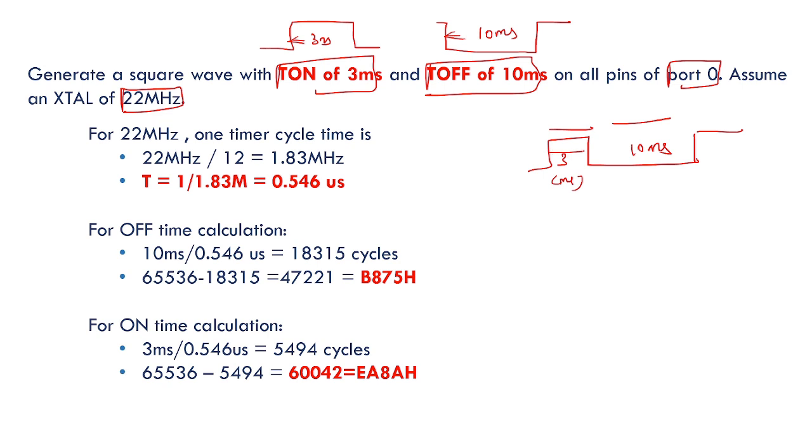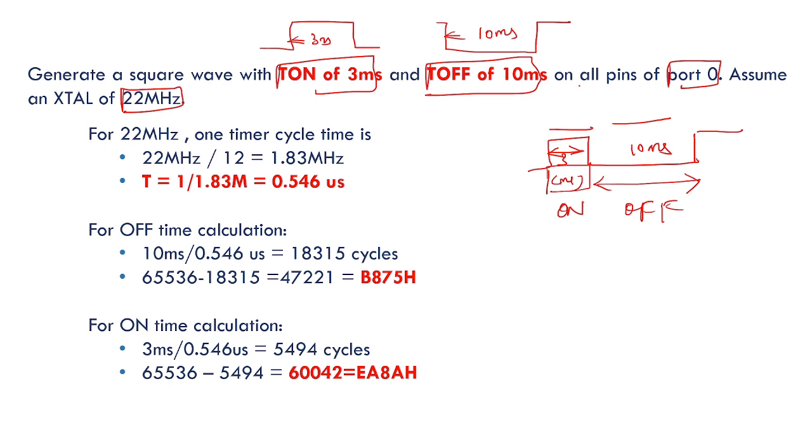So we need to generate a different count of pulses for each delay, so we need to do the individual calculation for on as well as for off.